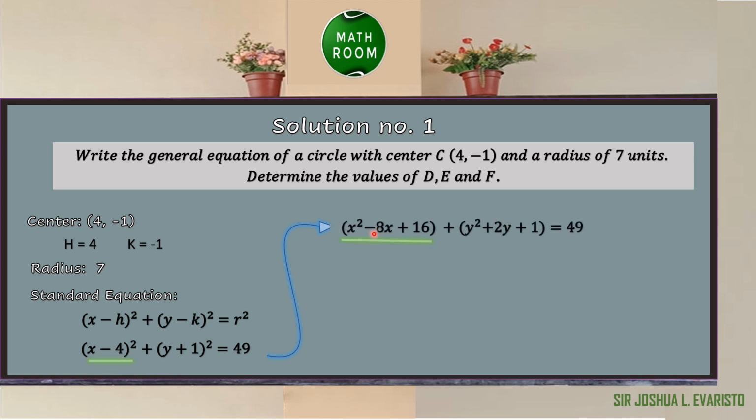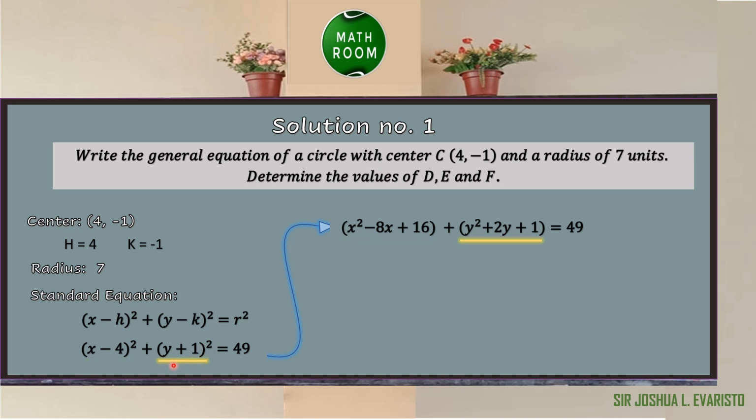That is x squared minus 8x plus 16, since x times x is x squared, x times negative 4 is negative 4x, times 2 is negative 8x. Then negative 4 times negative 4 is 16.